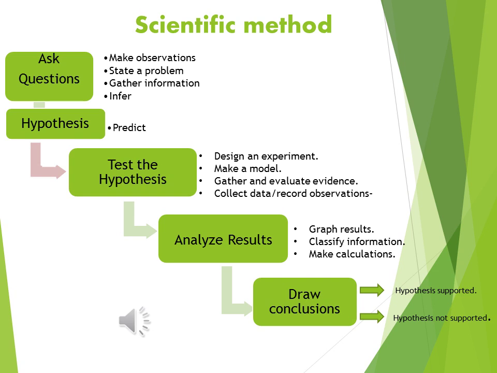In the scientific method, there are different steps. The first is ask questions, make observations, state a problem, gather information, and infer. In the step of hypothesis, you have to predict. After that, test the hypothesis: design an experiment, make a model, gather and evaluate evidence, collect data, and record observations.